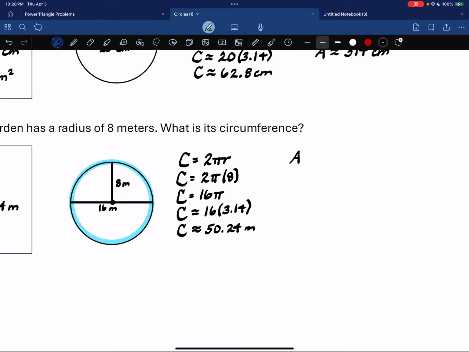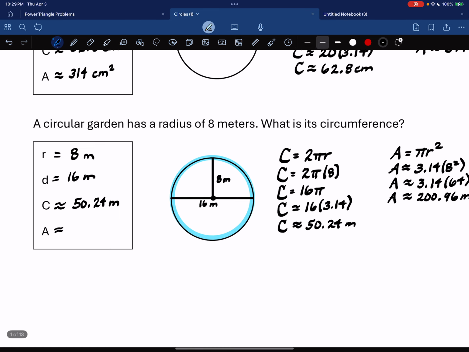And then area is going to be pi times the radius squared. So pi times radius to the second power is going to be 3.14 times 64. So the area is approximately 200.96 square meters.